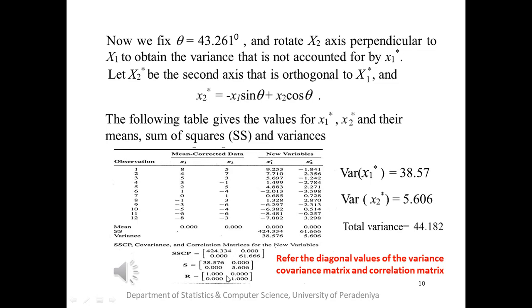They are 0. Therefore, the two new variables x1 star and x2 star are now uncorrelated. The variances of x1 star and x2 star are 38.57 and 5.606, respectively, and the total variance does not change compared to the original coordinate system.